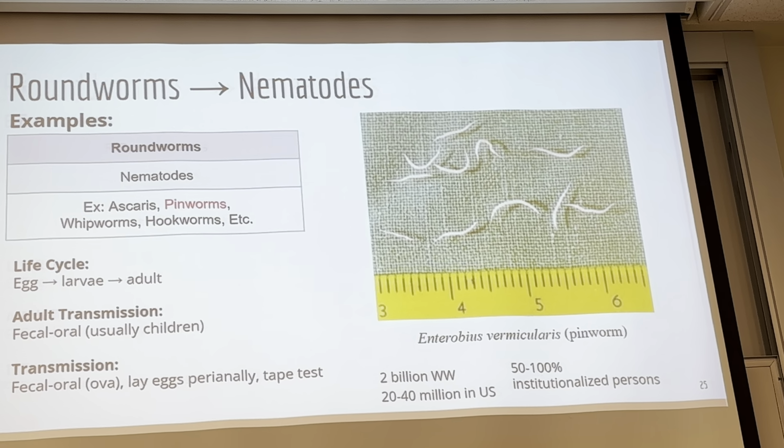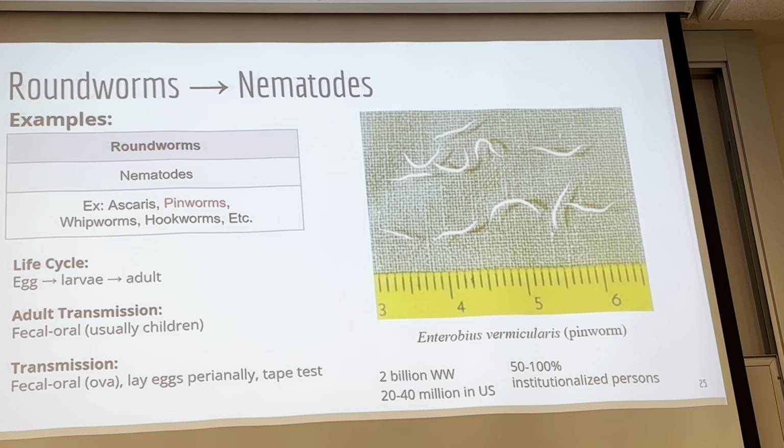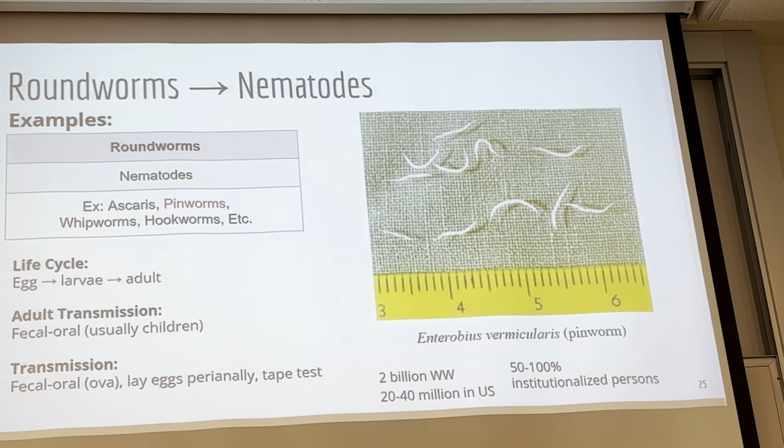And when they're crawling to the anus, it's very itchy for children. They're itching, and it's because the pinworm will crawl down and lay eggs perianally, it's called. Disgusting. So what you'll hopefully never do, but you might have to do, is called a tape test to see if your patient has a pinworm infection.